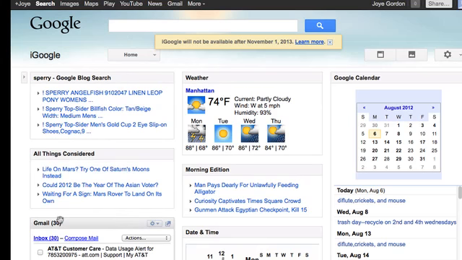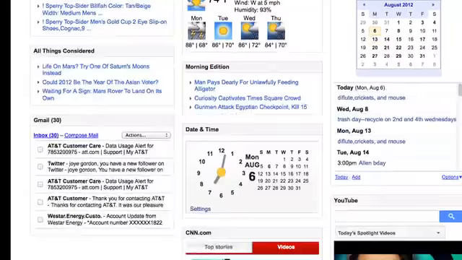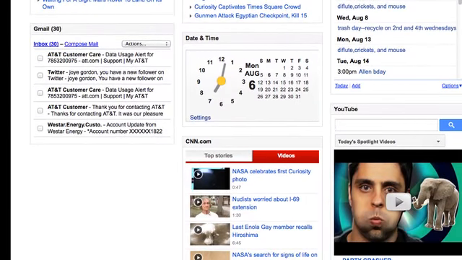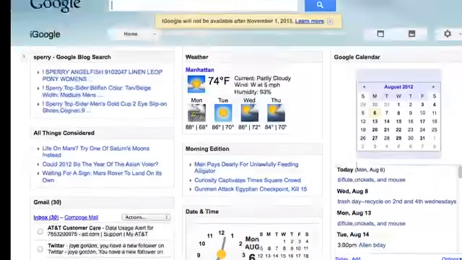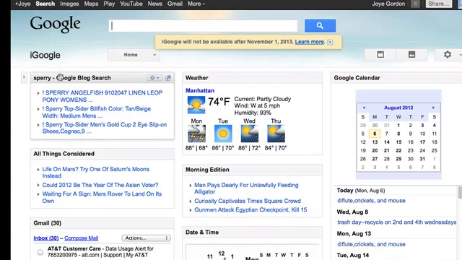There's my email. You can see how much my AT&T bill is this month, date and time. You can have a YouTube gadget, a CNN gadget, whatever you want to have as your dashboard to start your day.